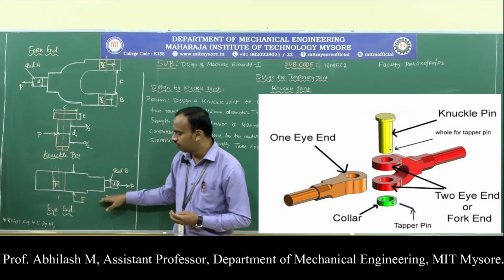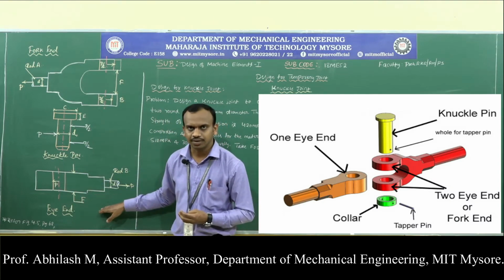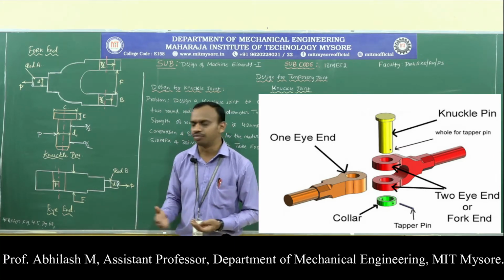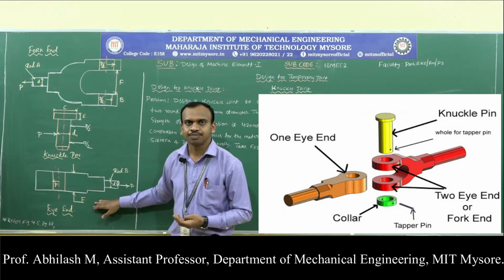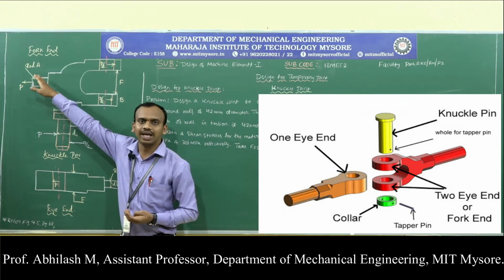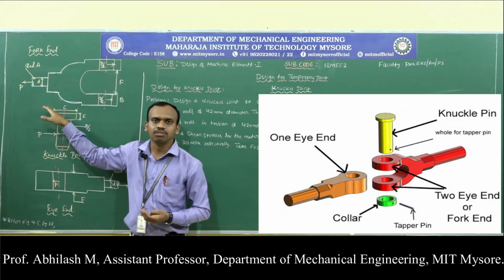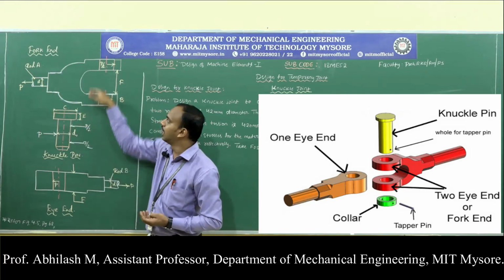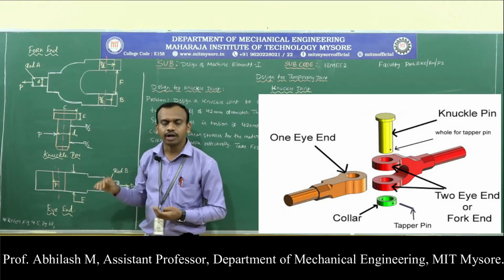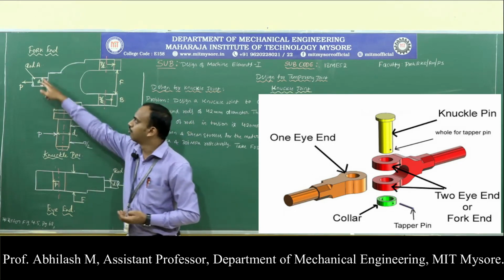This type we are going to call an eye end. One end of the rod is formed into an eye end, whereas the other end, in rod A, is formed into a double eye end, or it is also called a fork end.